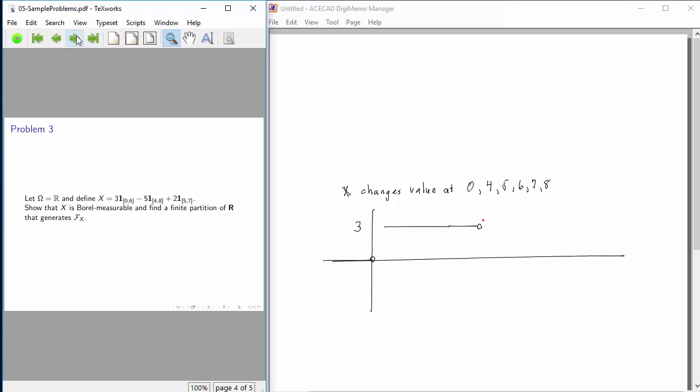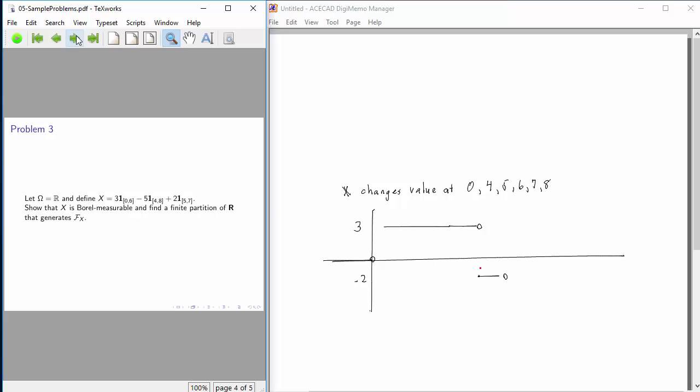At 4, this penalty of 5 kicks in, dropping the payoff down to minus 2. So from 4 up to, but not including 5, I have a payoff of minus 2. At 5, the third term starts to make a difference. I'm now in between 5 and 7.